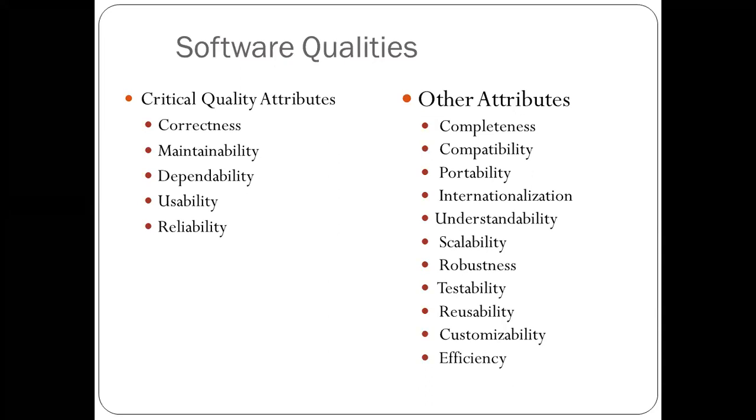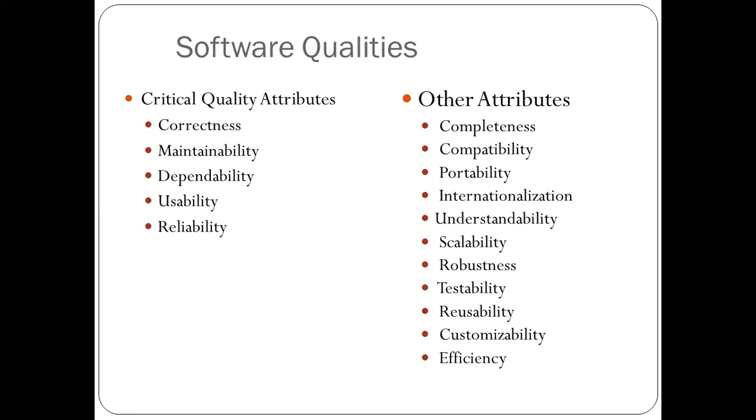First is correctness. Whenever we are going to develop any software, we ask whether it is correct or not. Another is maintainability: how will we maintain that particular software? That is called maintainability.